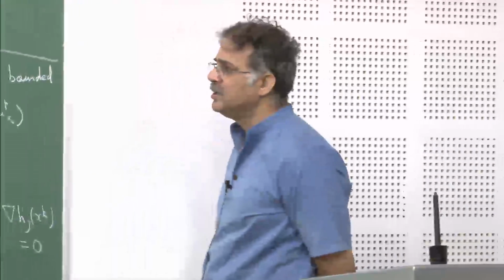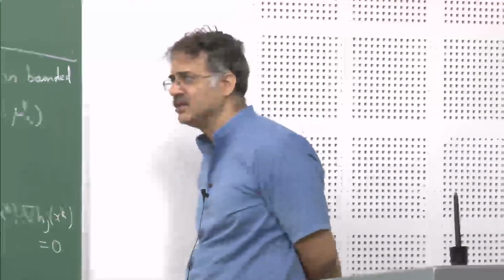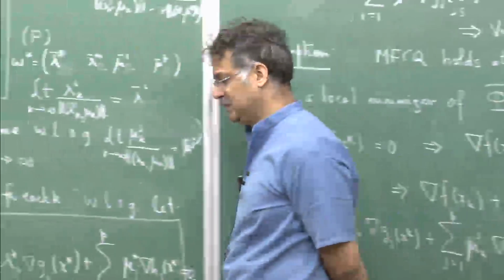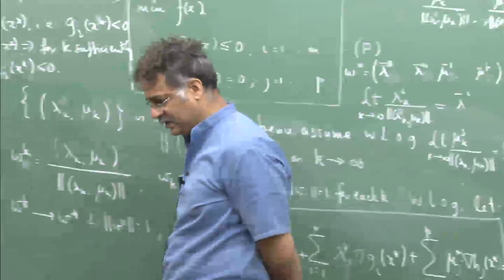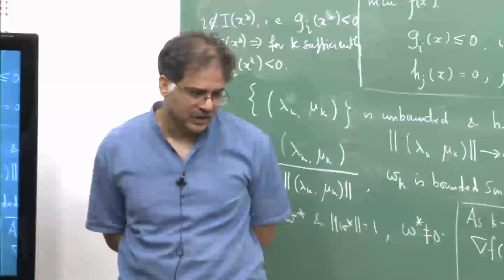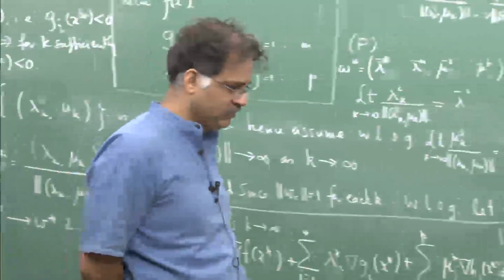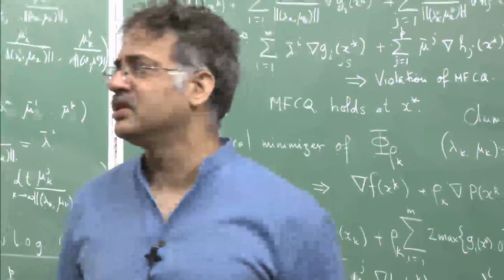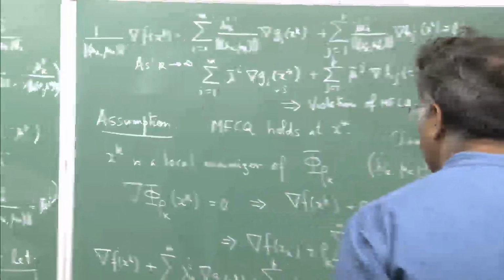But what is important is, can we devise a penalty function whose minimization for some large value of k would give me a solution to the original problem under certain very simple natural conditions.